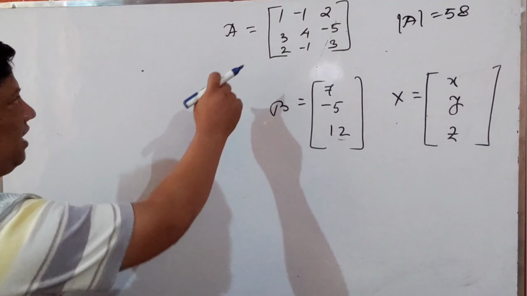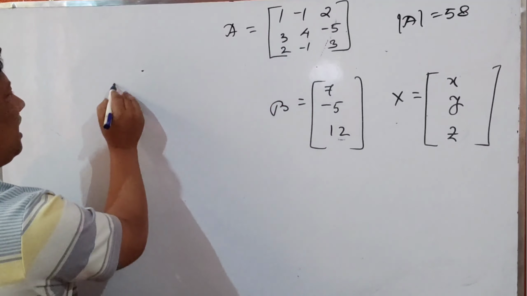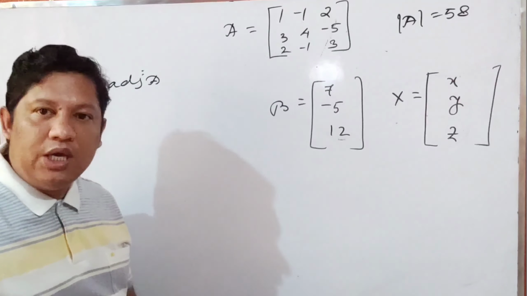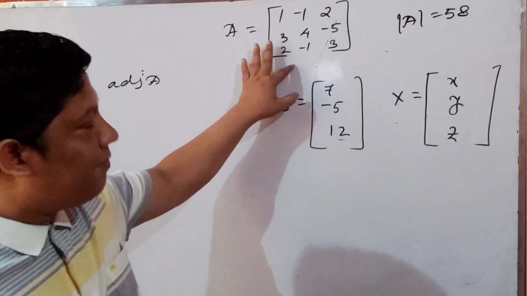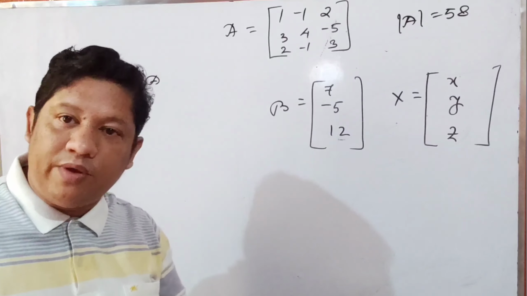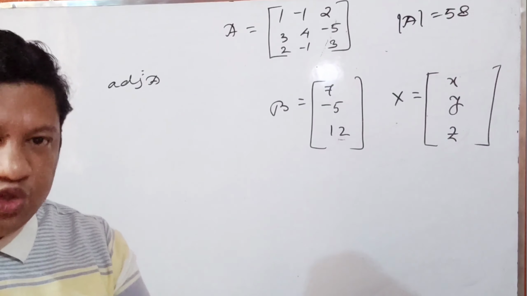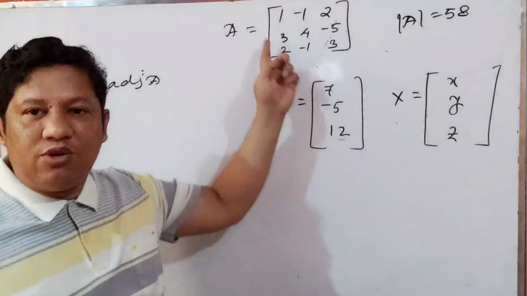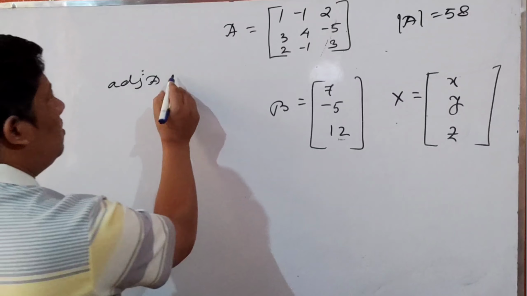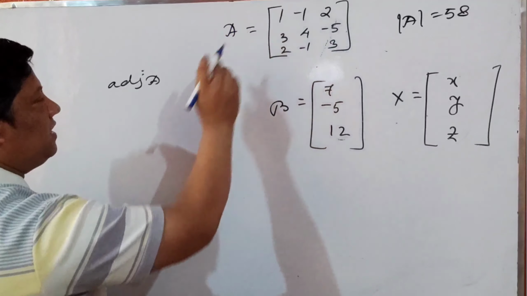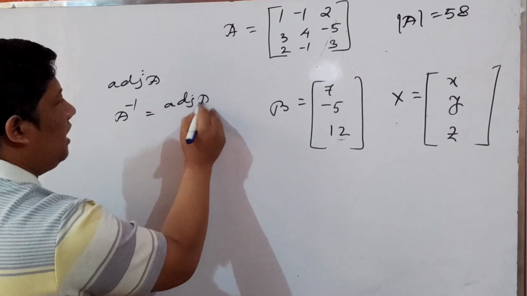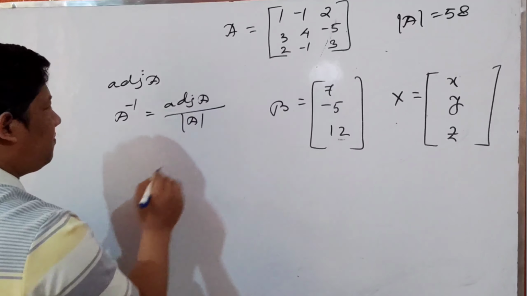If you want to find the adjoint, at first you have to find the minor, after that the cofactor, after that the adjoint. The transpose of this cofactor matrix is called the adjoint. After that, inverse equals adjoint of A upon determinant of A.